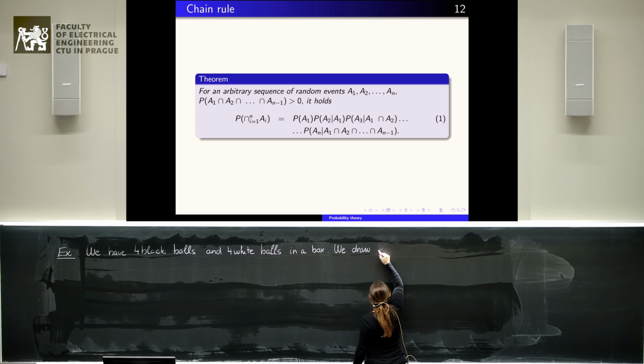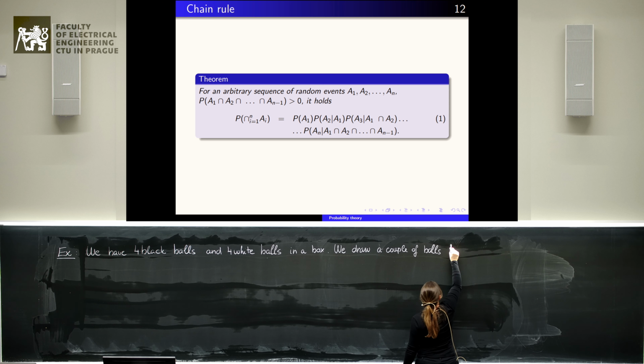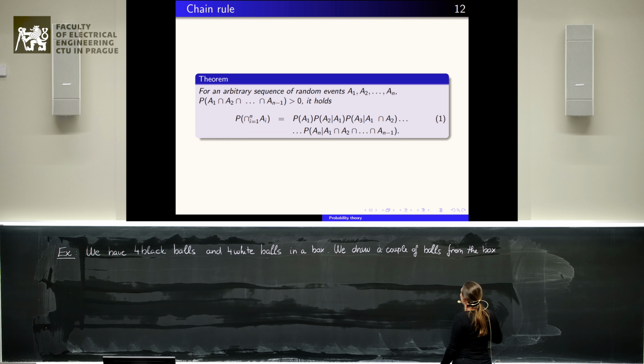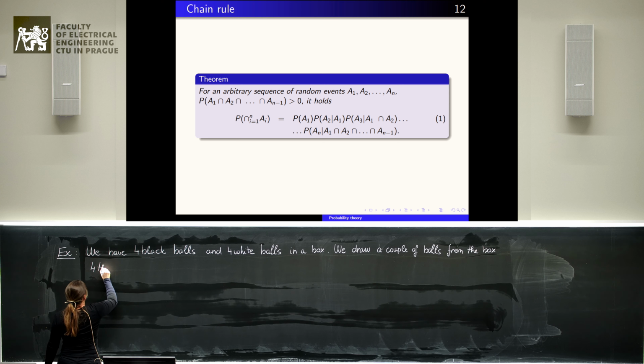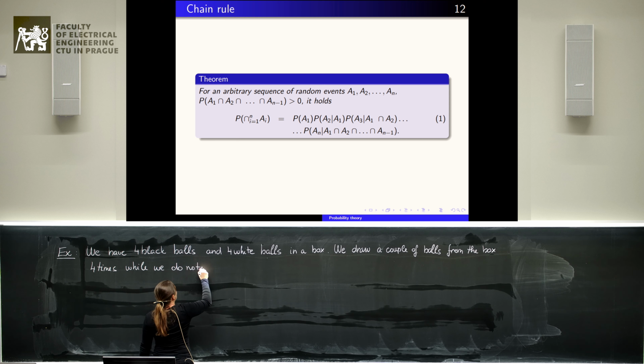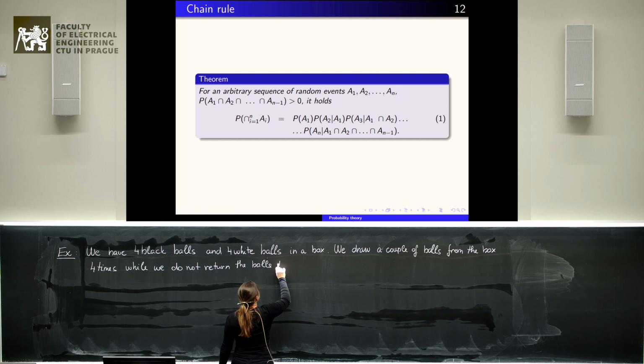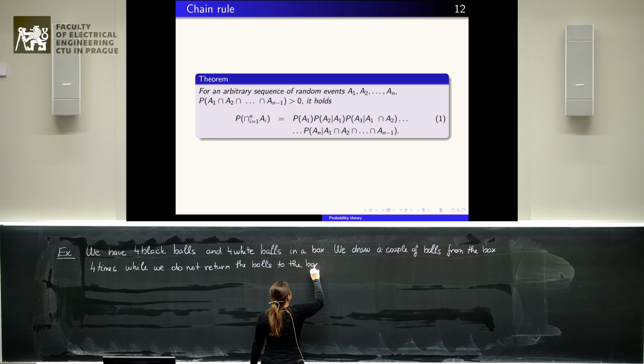We draw a couple of balls from the box four times, while we do not return the balls to the box.